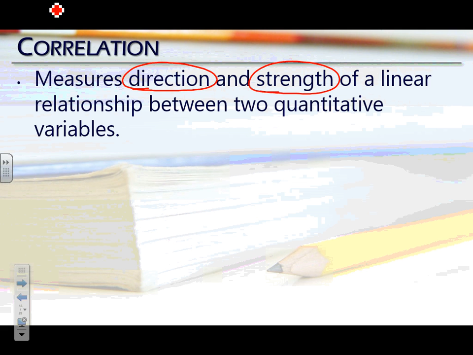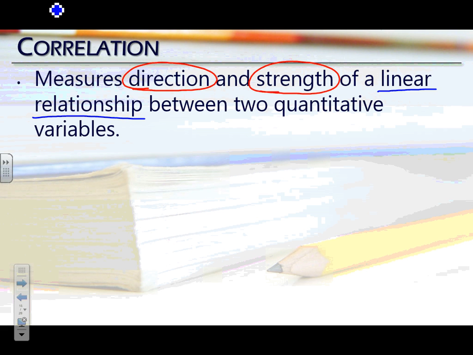The other thing, and this is extremely important, correlation measures direction and strength for linear relationships. Correlation only works for linear relationships.